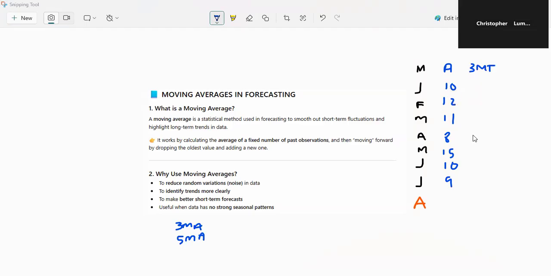Then the total you put it here. Then for the 3 moving average, you divide by 3. So you put it in the next column. So you count the first 3, 10 plus 12 plus 11, what do we get? So you're only getting figures for these.